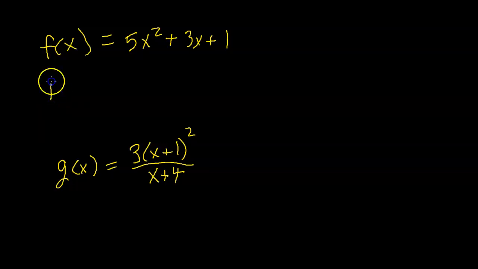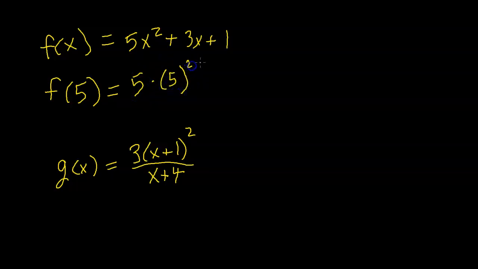Let's say we want to calculate f of 5. We're just going through this to make sure we remember how to do this and have some fluency with it. So this is going to be 5 times x squared. Now it becomes 5 times 5 squared, plus 3 times x becomes 3 times 5, plus 1.